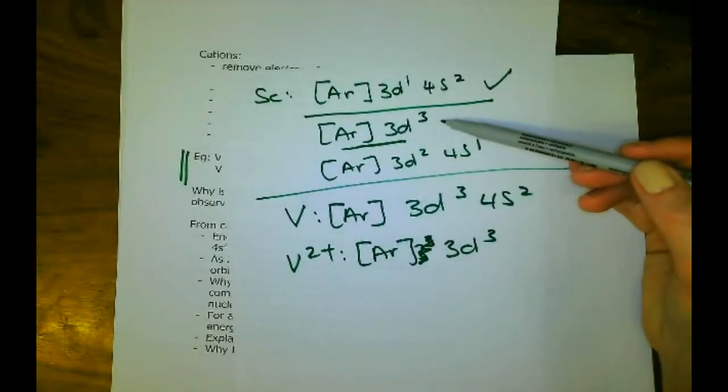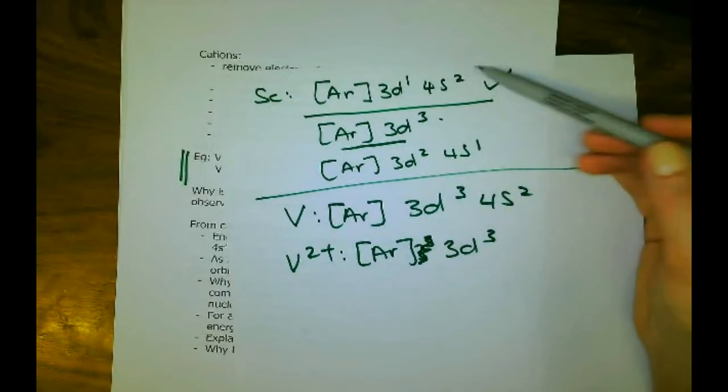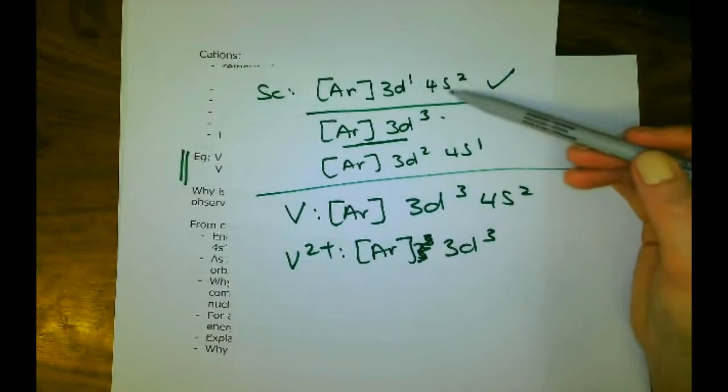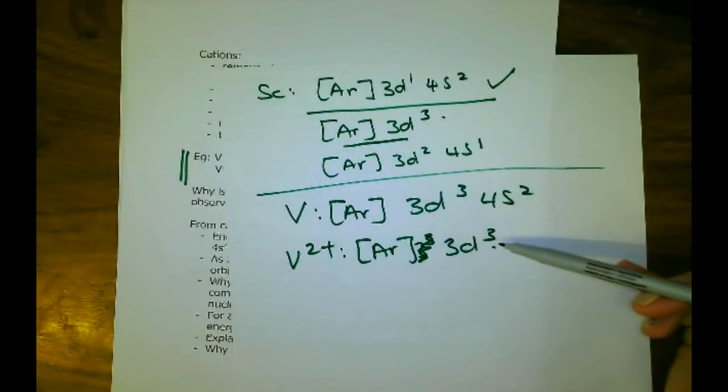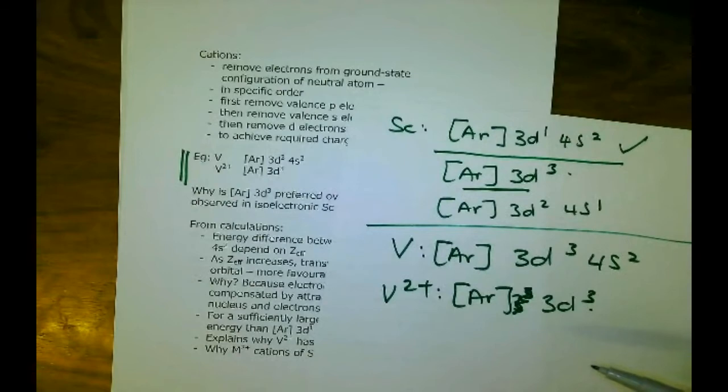But if you look at the number of electrons for the scandium atom, and the vanadium 2+ ion, they have the same number of electrons, so they're isoelectronic.